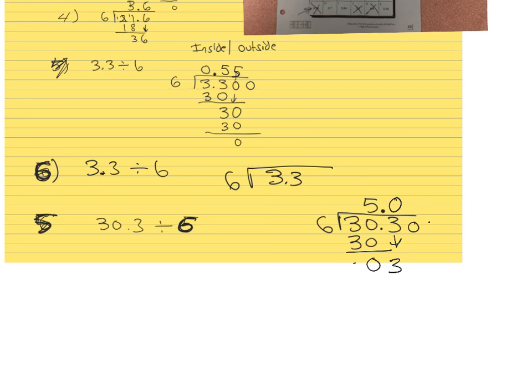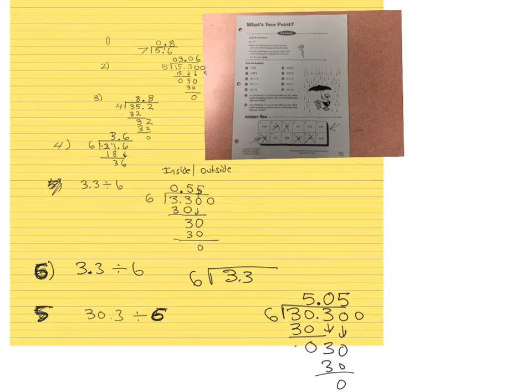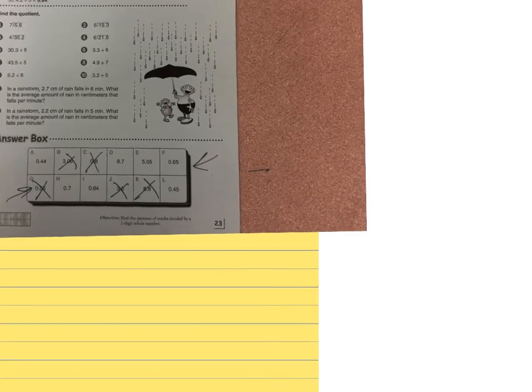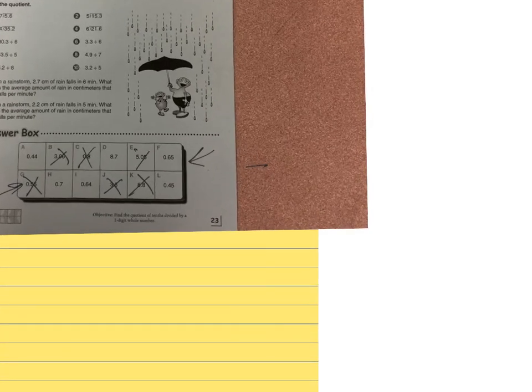Bring down, okay, I'm going to add some zeros. Bring down a 0. 6 goes into 30 5 times. Okay, so there's 0 left. There we go. Now let's see if that's on there. 5.05. Yep, there it is.